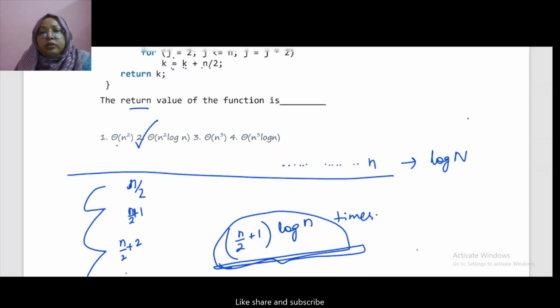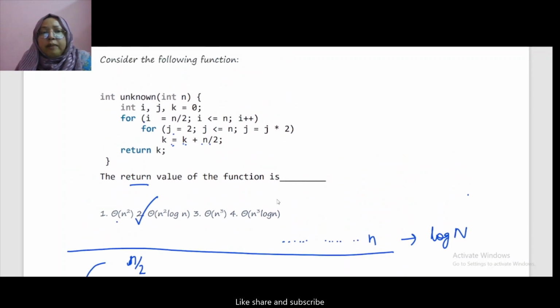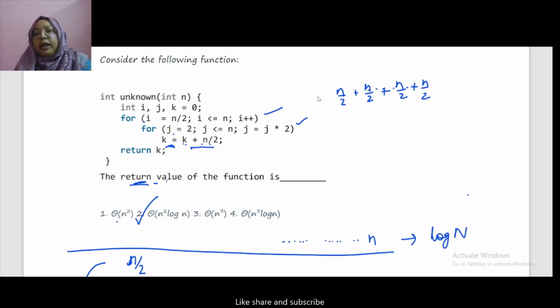So for this type of question, first of all you notice that it is asking for the return value of the function, and it is returning the value of k, which is calculated inside the inner for loop. And it is incrementing every time by n by 2. So for this we need to know how many times both loops are running.